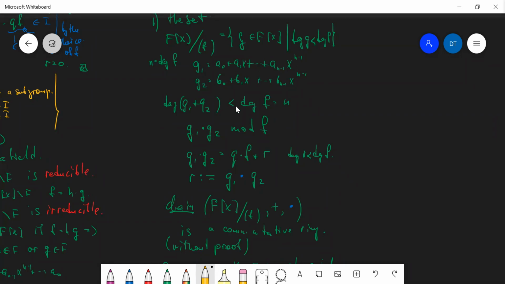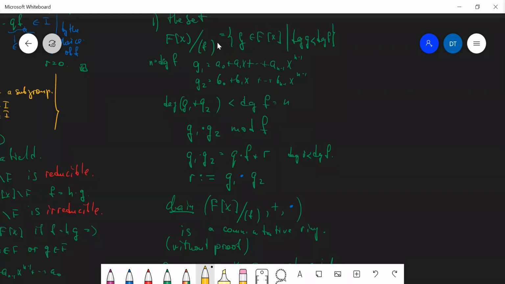But then there is a second operation, which is multiplication. And here is the crucial difference between this and this. Here the operation is multiplication followed by taking the remainder, and the operation here is just usual multiplication of polynomials.